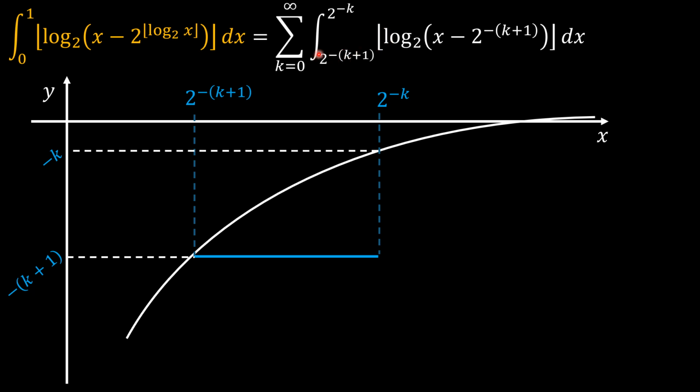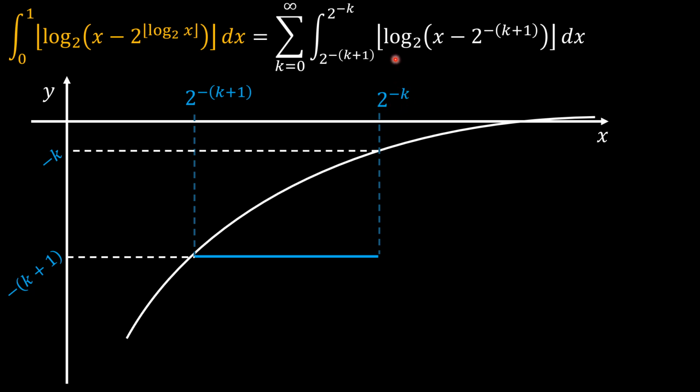So that means that now our integral here becomes a summation of the different strips that we have, between x equals 2 to the power negative k plus 1 and x equals 2 to the power negative k.